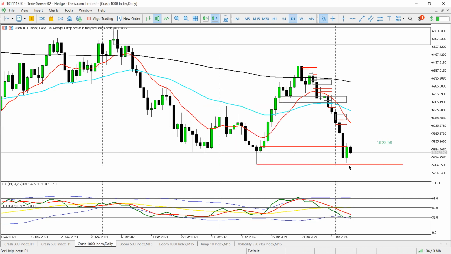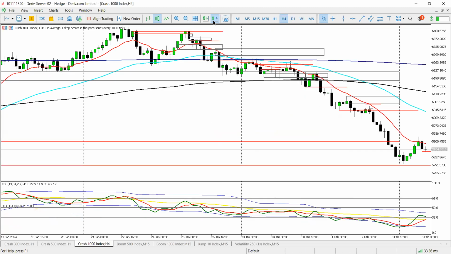So 57.90, I'll say we can potentially get price accelerating into 57.90 before we get any form of a retracement to this push down. So it could be a retracement, it could be a reversal, but for now we want to take a sell and potentially target 57.90 as a take profit.